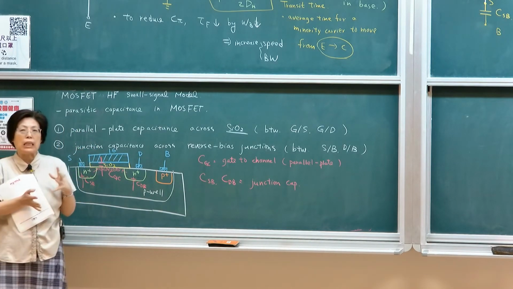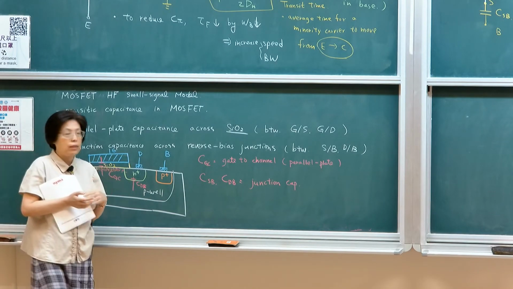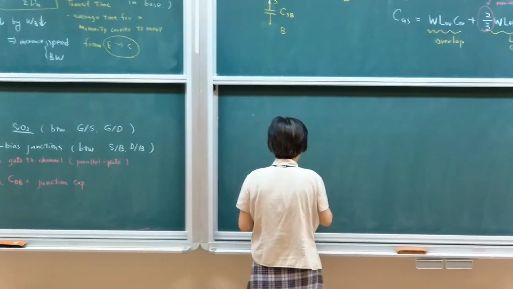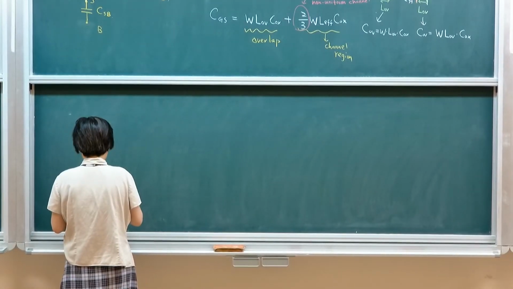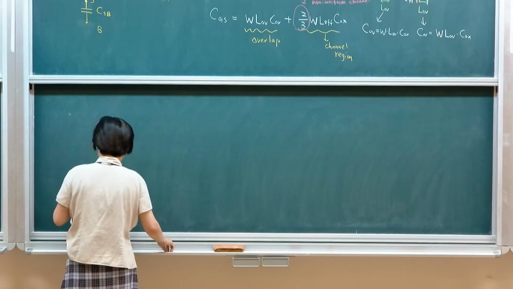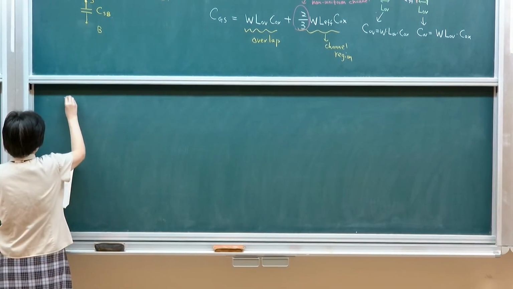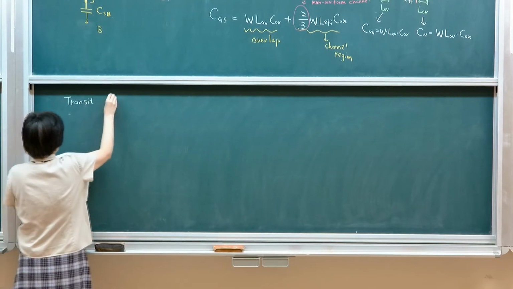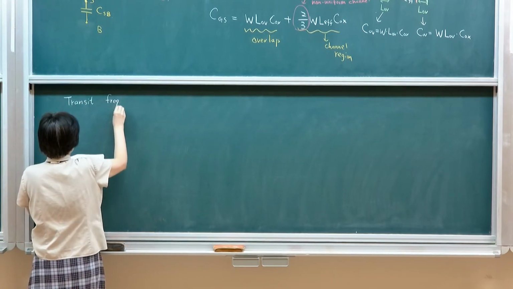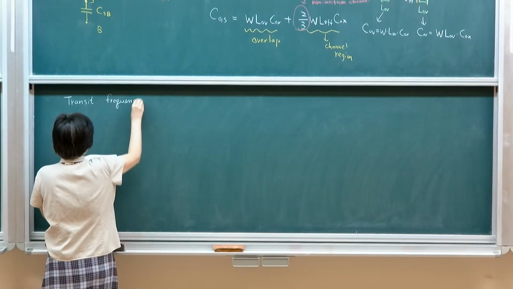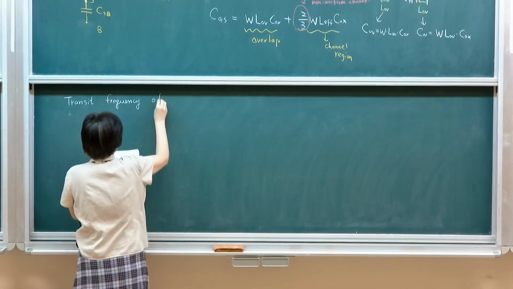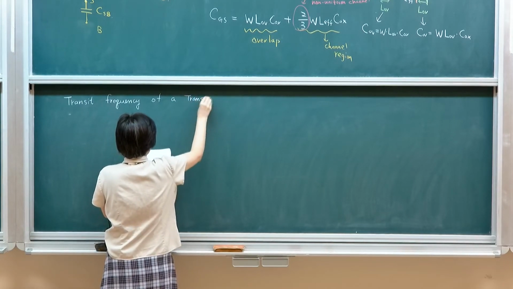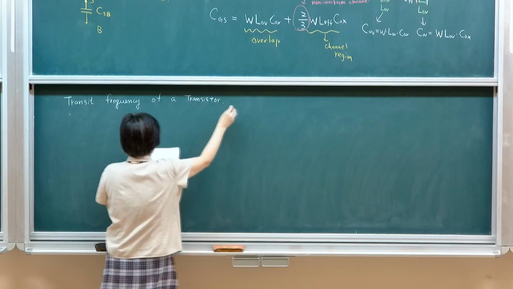You talk about intrinsic speed by describing something called the FT, which is the transit frequency of a transistor, or typically limited by a certain technology, FT.